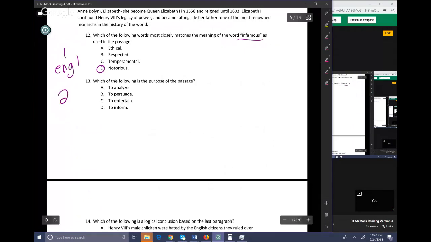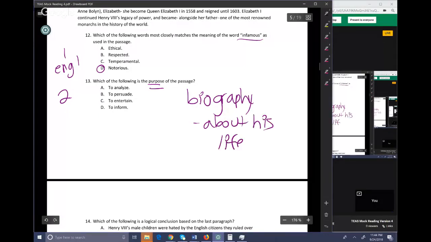Number 13 is from reading 2. What is the purpose of the passage? What I'm about to say relates to more than just this. This is a biography. This is talking about his life. So this is describing Henry VIII, and it's kind of telling you a segment of his life story. There's a fair amount of different passages on the TEAS and elsewhere that talk about somebody's life story.